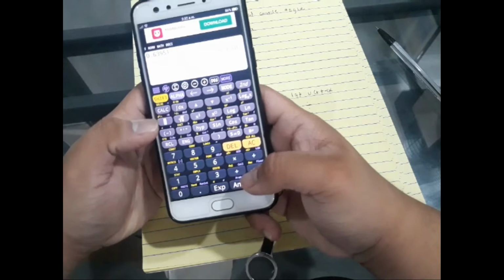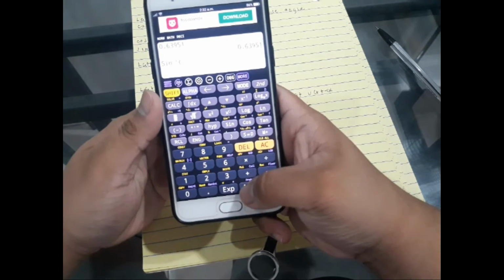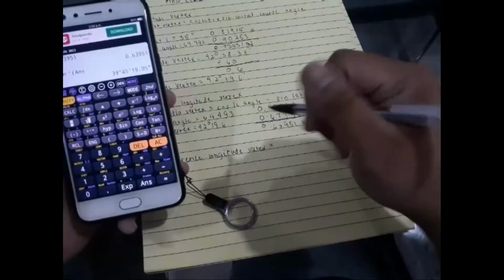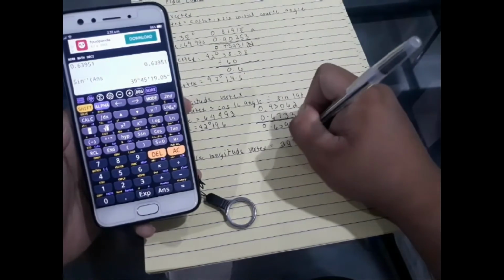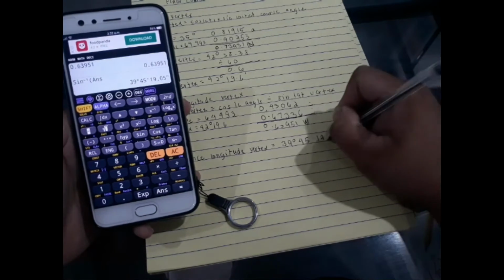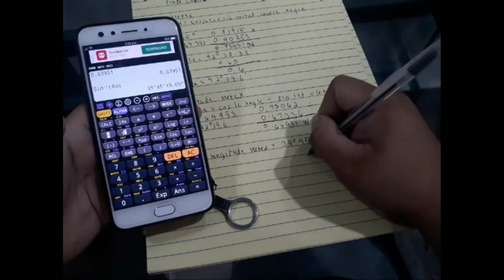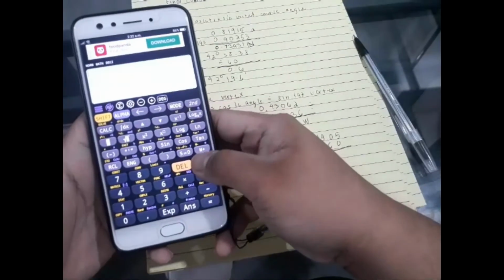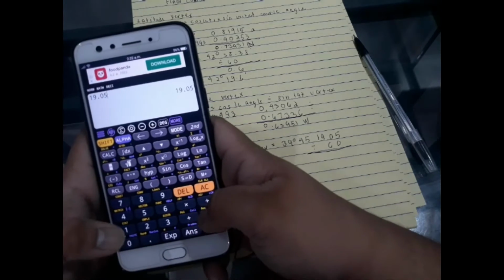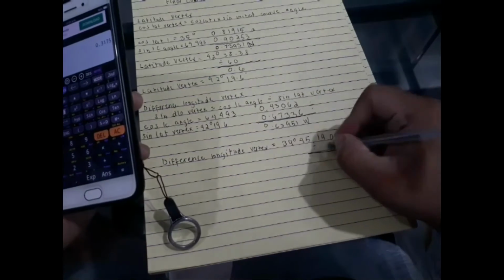I'm gonna shift sin, answer and degree, so 39 degrees and 45 minutes 19.05, and of course we need to divide it by 60, so 19.05 divided by 60, so we're gonna get the 0.3.